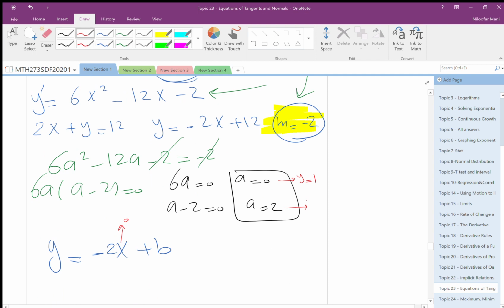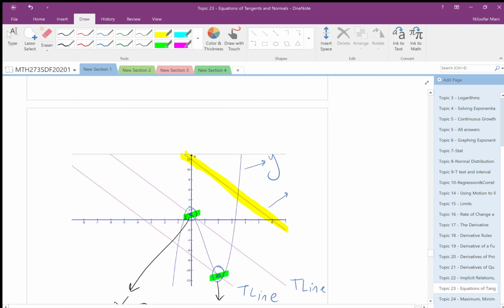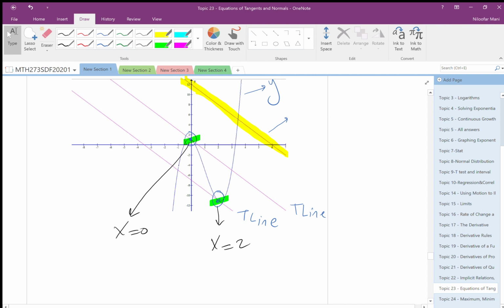Okay, y is minus 3. Does it make any sense? No, it must be more than minus 3. So I'm making mistakes somewhere.